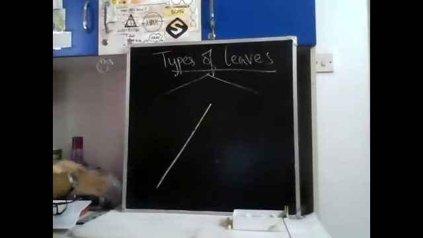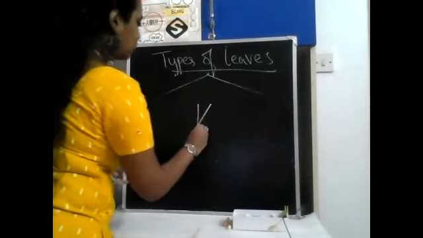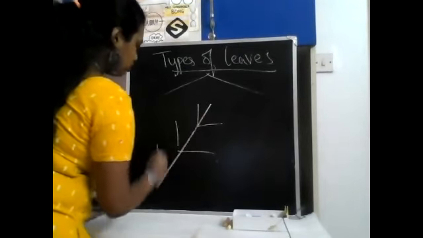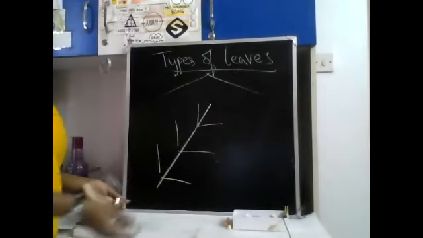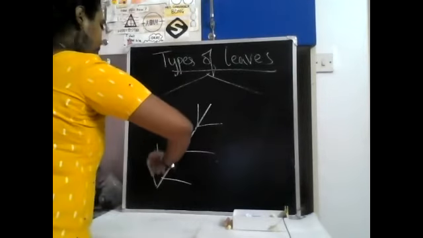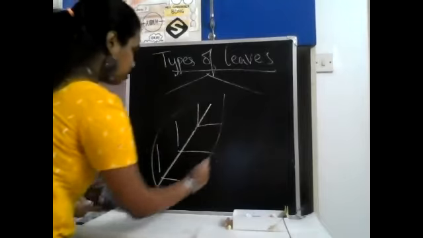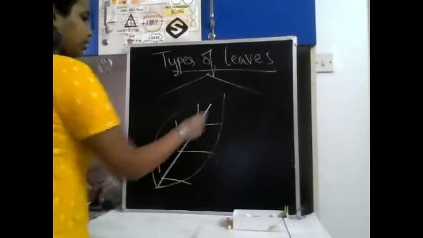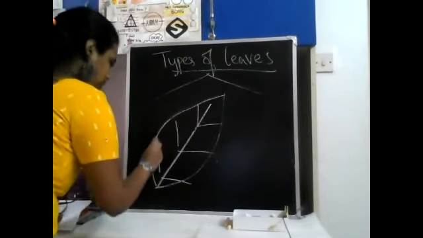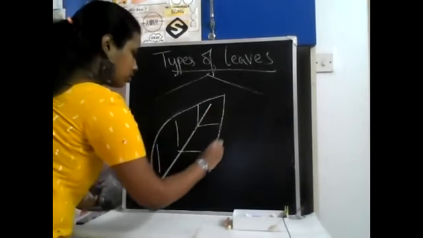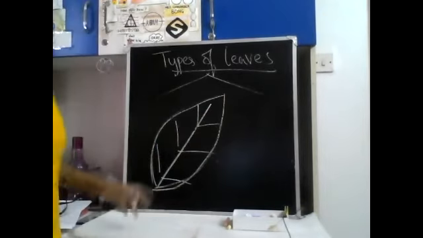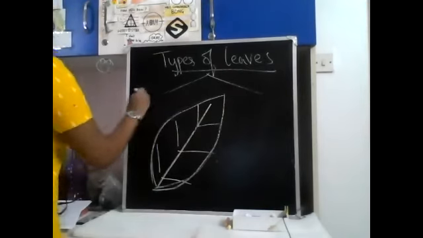If this is the midrib and you have your veins around the midrib, if your lamina is continuous without any break, these kind of leaves are simple leaves.